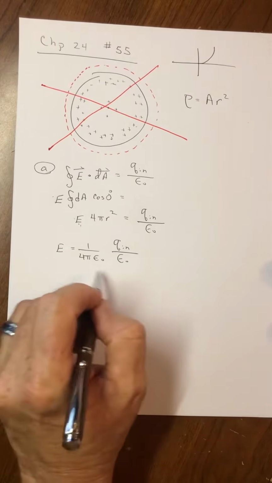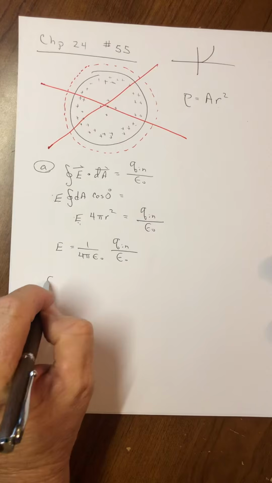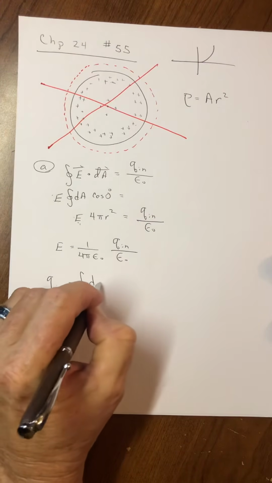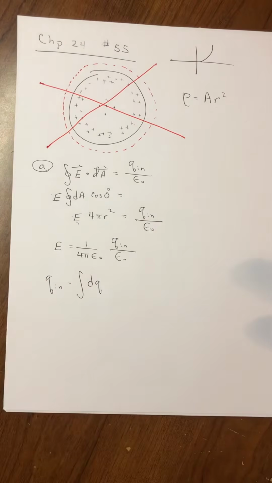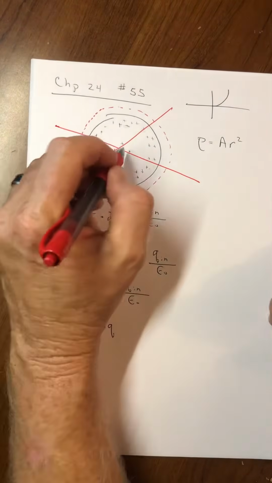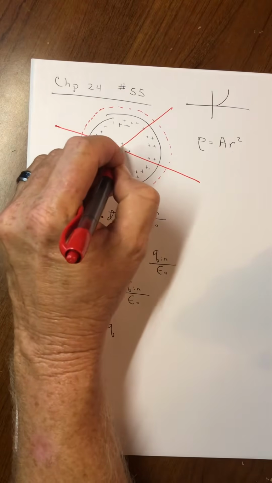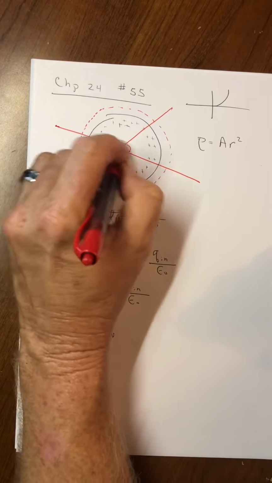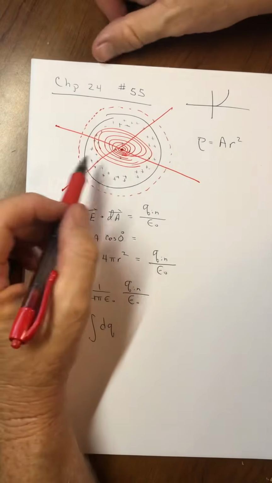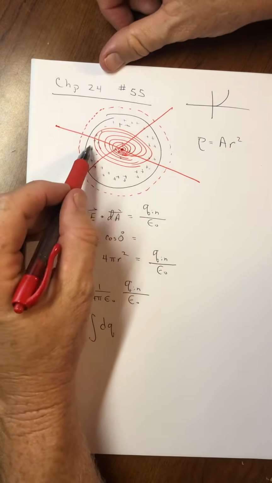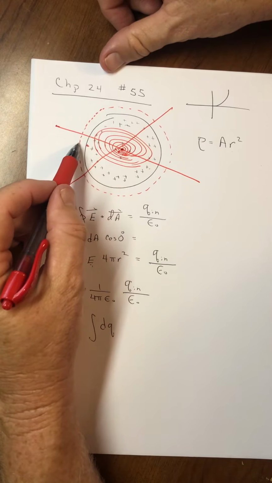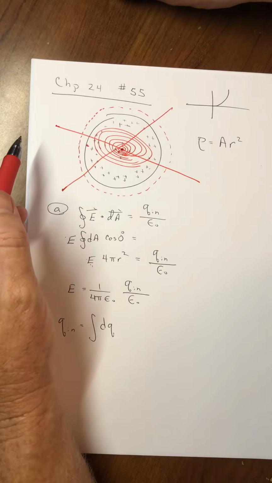Let me just leave this alone for a moment and say, okay, charge inside. This would be adding up all the charge. So if I come back over here to my Gaussian surface, this would be saying take chunks of charge, and I'll do them in little spherical shells. And in this case, I'll just add up the shells till I get to the edge of the charge. I don't need to go all the way out to the Gaussian surface.